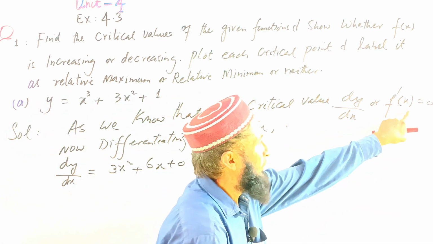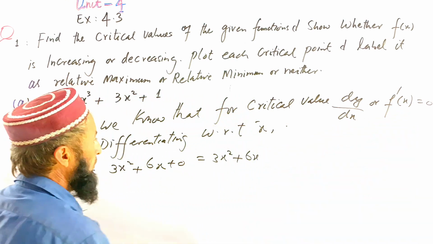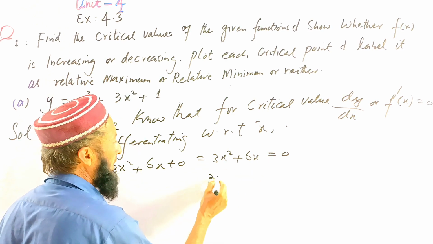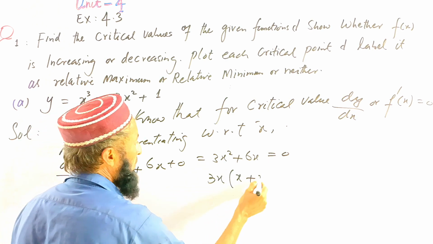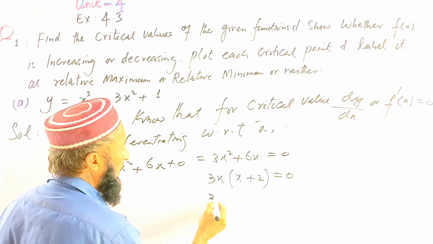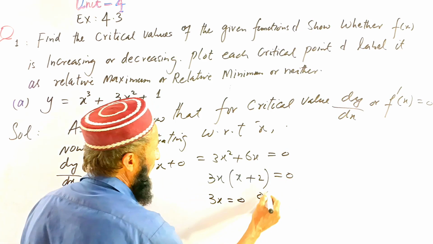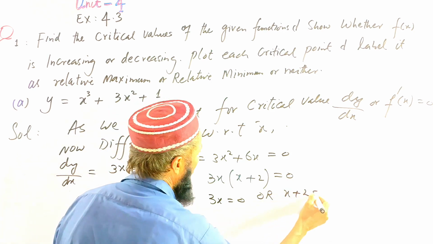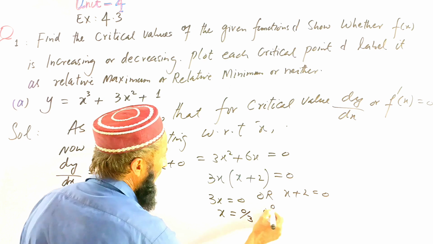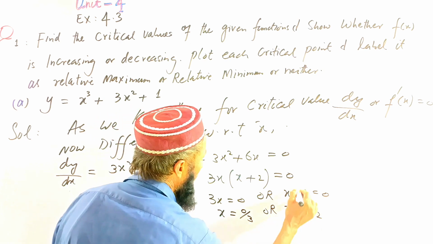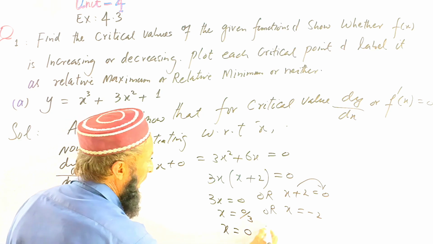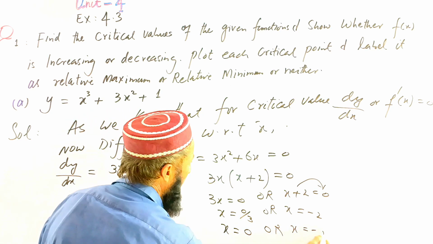When the first derivative is equal to 0, we take 3x common: 3x into x plus 2 is equal to 0. It means 3x is equal to 0 or x plus 2 is equal to 0. Dividing both sides by 3, x is equal to 0, or x is equal to minus 2.